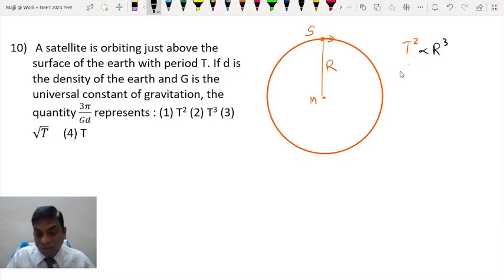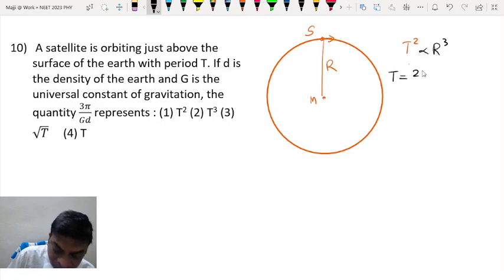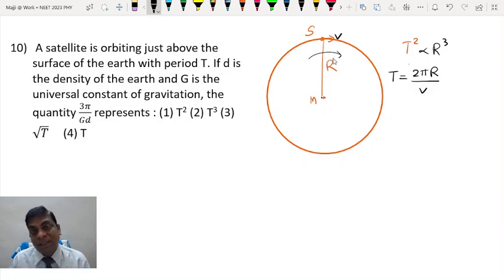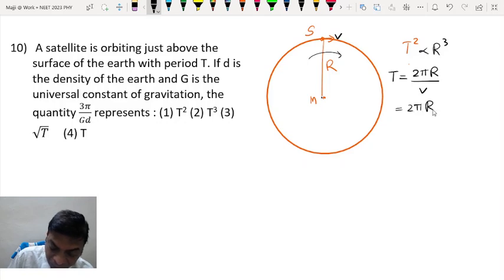Now, we can simply derive this formula. What is time period? Time period is the distance traveled by speed. Let us say the orbital speed of the satellite is v, and it orbits around a planet along a circular orbit of radius r. Now, orbital speed can be obtained like this.